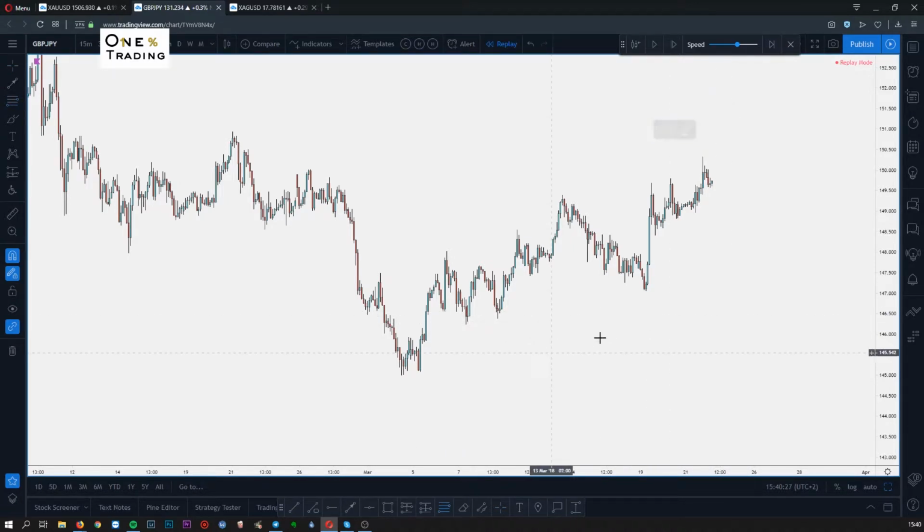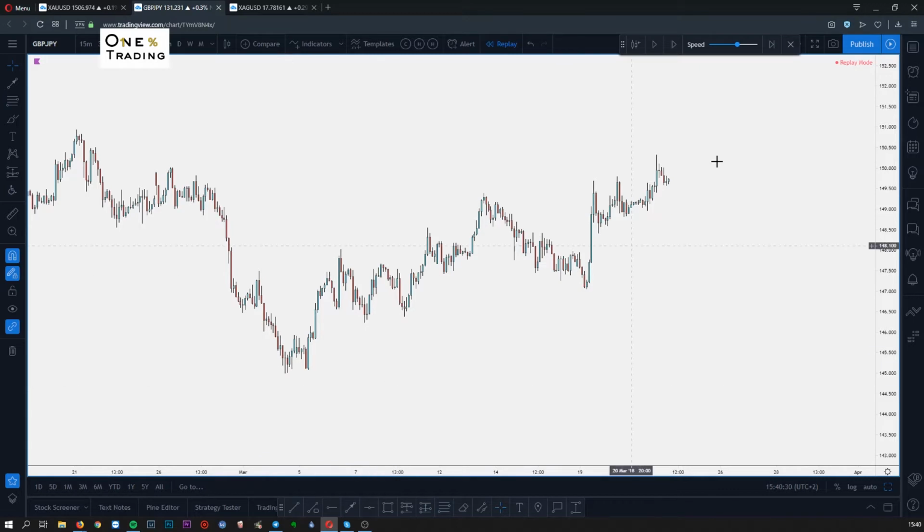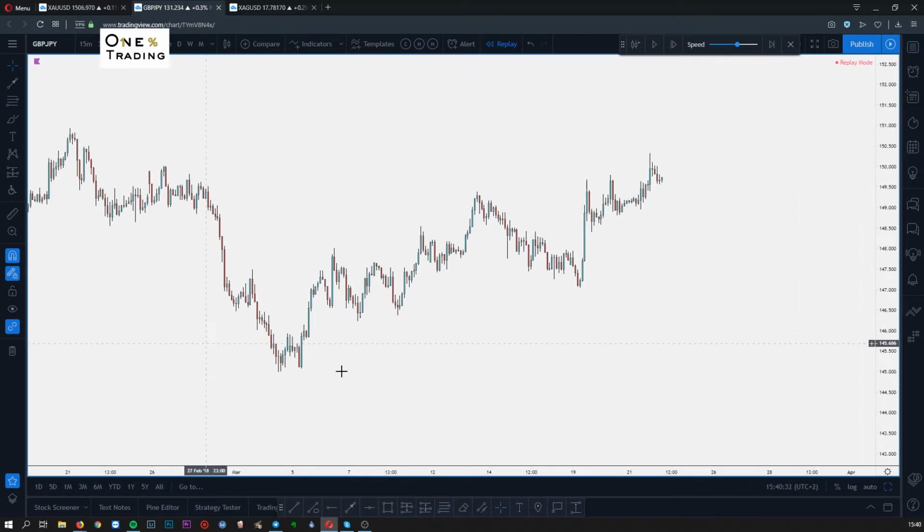So we have an uptrend, or if we just zoom in on this area, not looking at the bigger picture, we can see higher highs, higher lows, so uptrend. And at this point we can't really buy here because we've been moving quite a lot, so we have to wait for a pullback and then potentially enter a buy to catch a new leg to the upside.